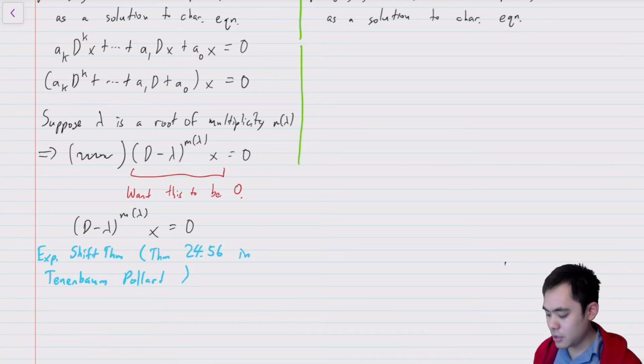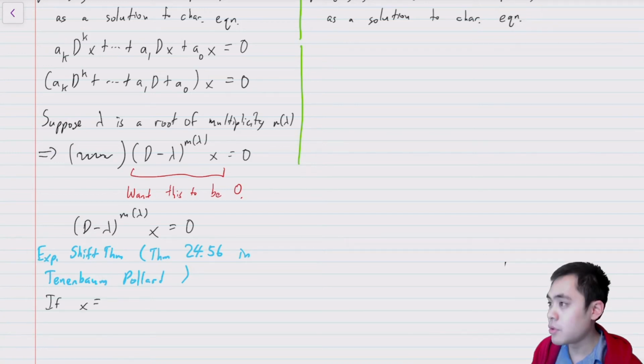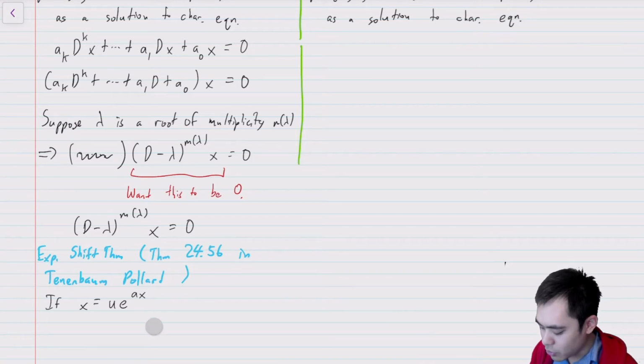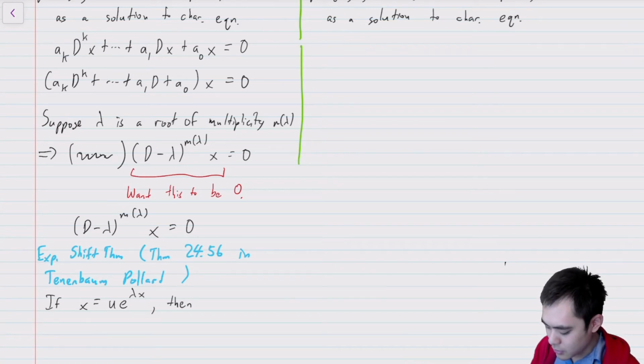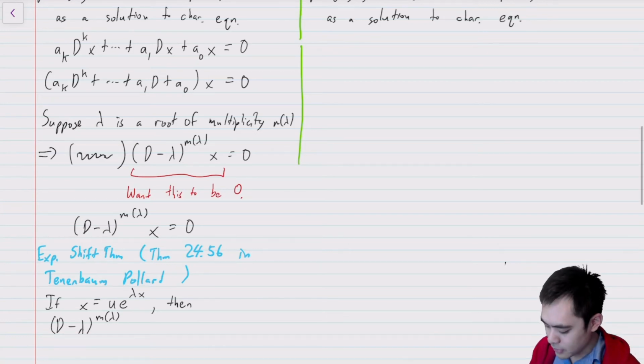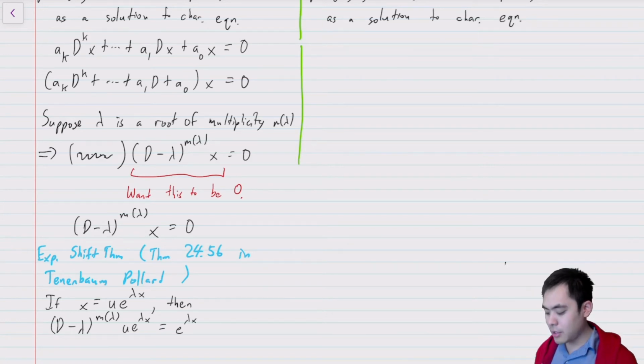Tenenbaum-Pollard, which then lets us conclude that if x is equal to u e to the ax for some value a, actually we already know what we want it to be, so we're just going to say this is equal to u e to the lambda x, then (D minus lambda) to the m of lambda, or any polynomial function of the differential operator, applied to u e to the lambda x is going to be equal to e to the lambda x times this polynomial of D plus lambda.